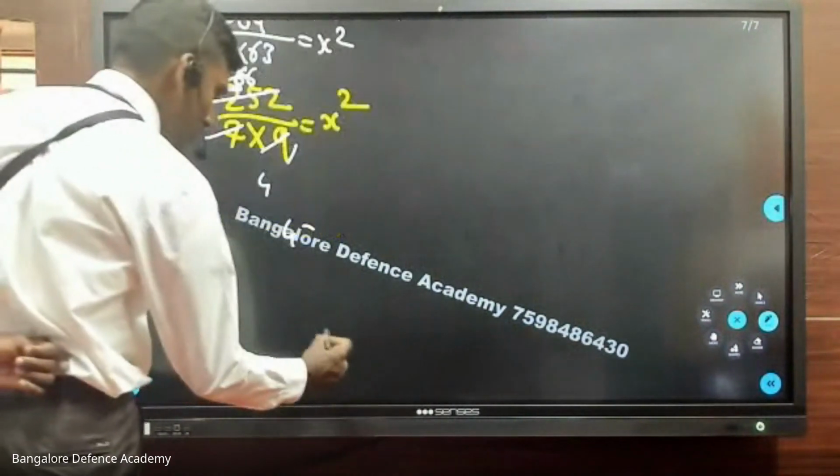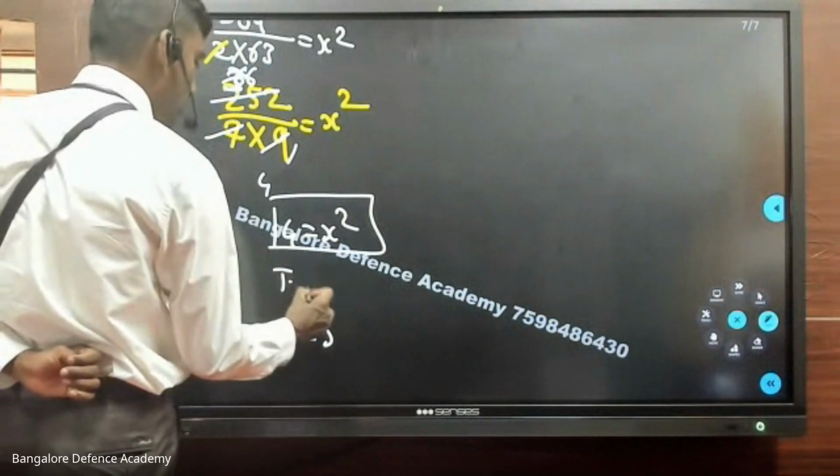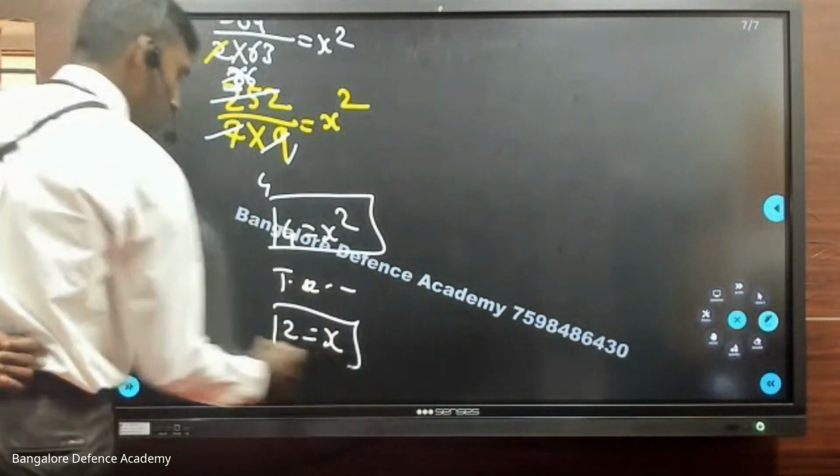That means 4 is equal to x square. Taking the square root on both sides, what do you get? x is equal to 2.